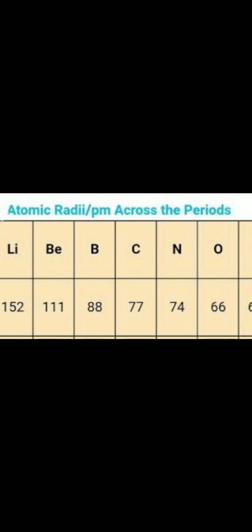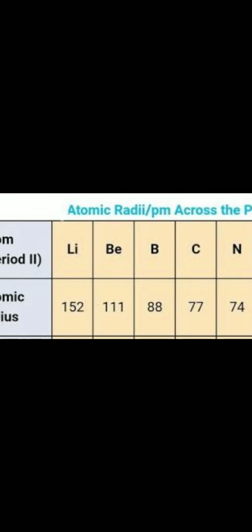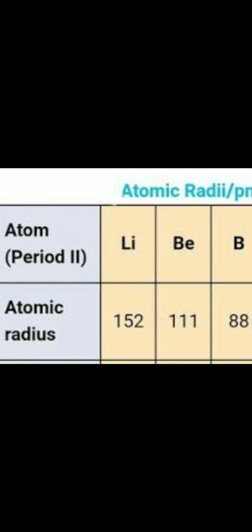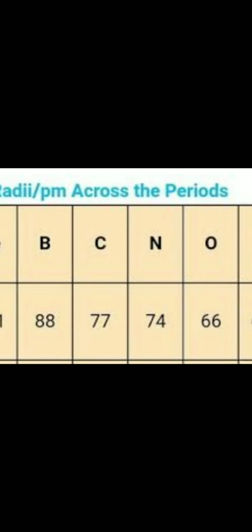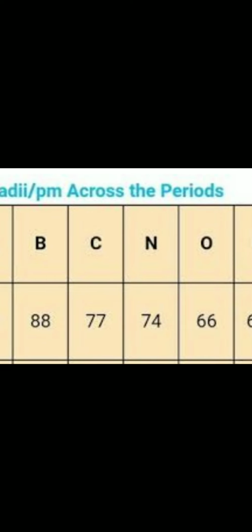By observing this, we can say that the biggest atom among these elements is lithium, having atomic radius 152, and the smallest atom in the bracket is oxygen, which has a radius of 66 picometer.